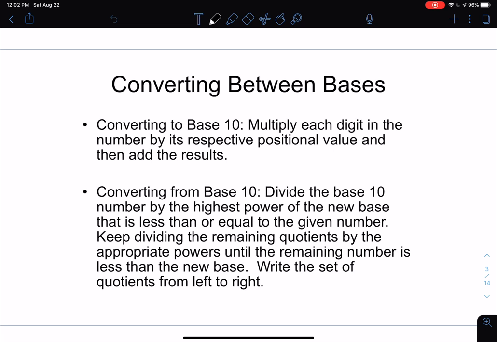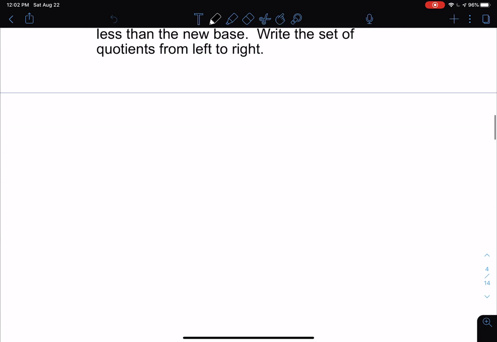Very similar to our processes we were using for our Mayan and our Babylonian numerals before. All right, so let's just jump right into getting through some examples, because that's the best way to show you how this is done. All right, so in my first examples, we're going to convert some numerals to base 10.